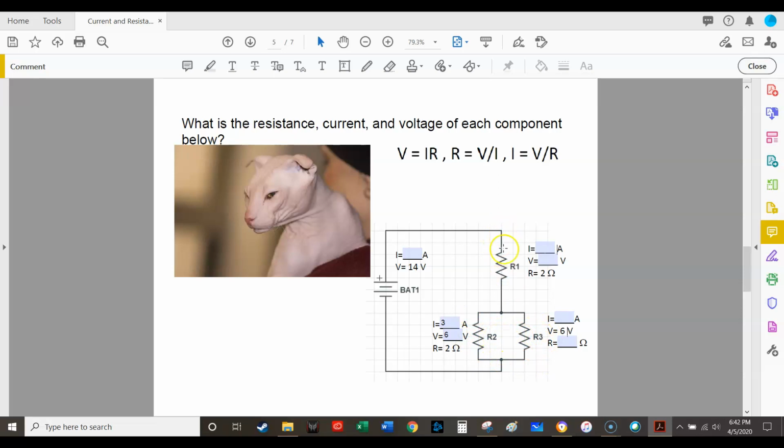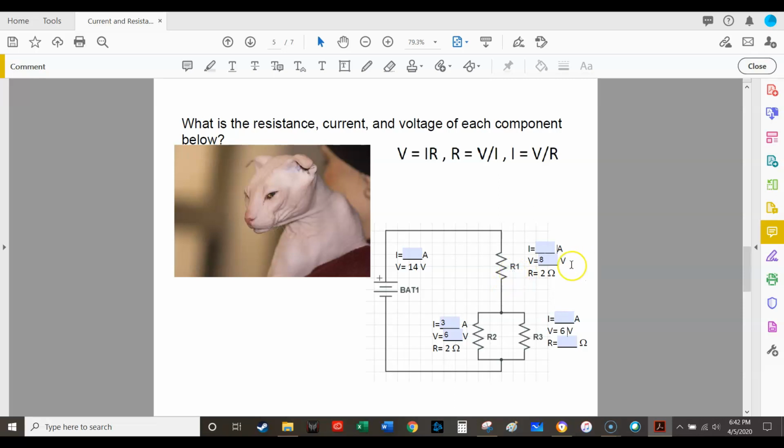So that means the whole branch we know is 14 volts because this whole branch is in parallel with the battery. This whole branch is 14 volts, but 6 volts is being consumed by R2 and R3. That means the rest of that 14 volts, which is 8 volts, 8 plus 6, yep, 14, is what R1 is consuming.